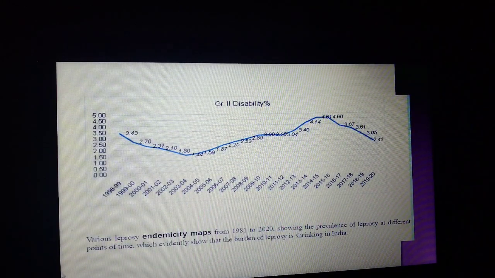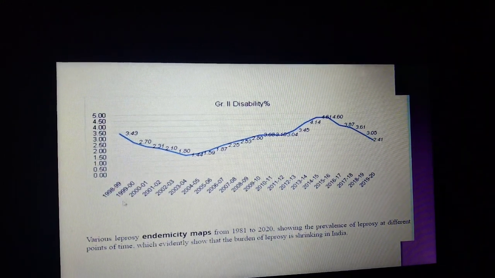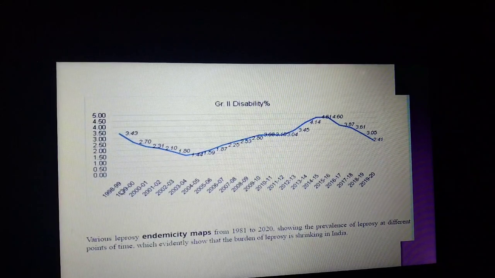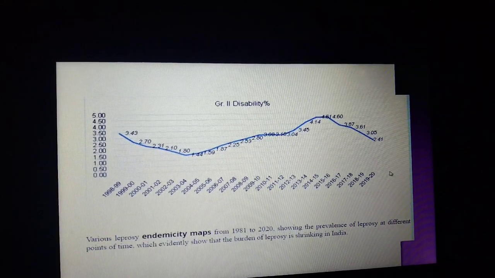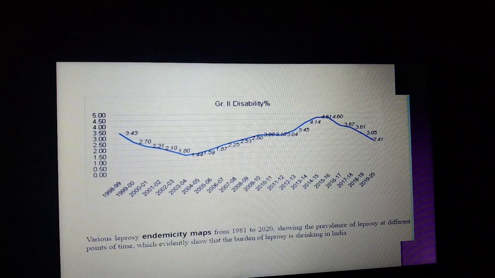These are the various leprosy endemicity maps from the year 1981 to 2020, showing the prevalence of leprosy at different points of time, which evidently shows that the burden of leprosy is shrinking in India. This is the graphical representation.